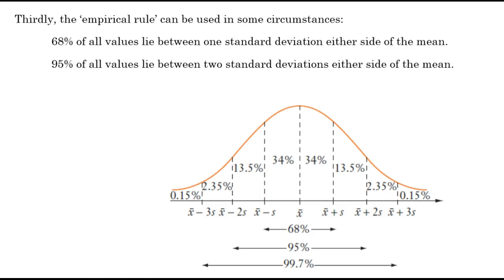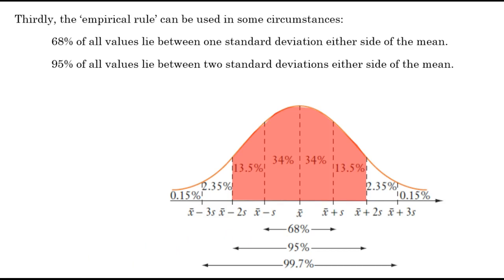The second part of my empirical rule is 95% of all values lie from 2 standard deviations below to 2 standard deviations above. Now that would mean that half of that, which is 47.5% of all values, lie between 0 and 2 standard deviations.